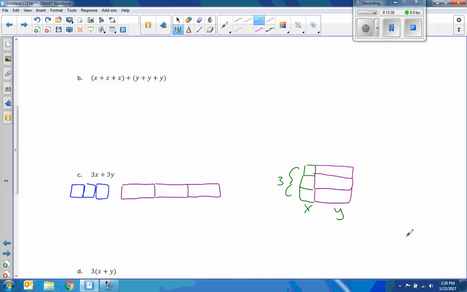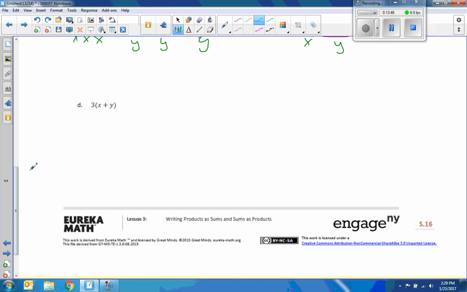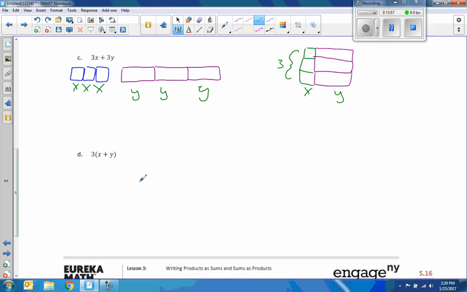I label this x, x, x, y, y, y. 3 times the quantity x plus y. So I could then repeat this here, but just show it without the breaks.